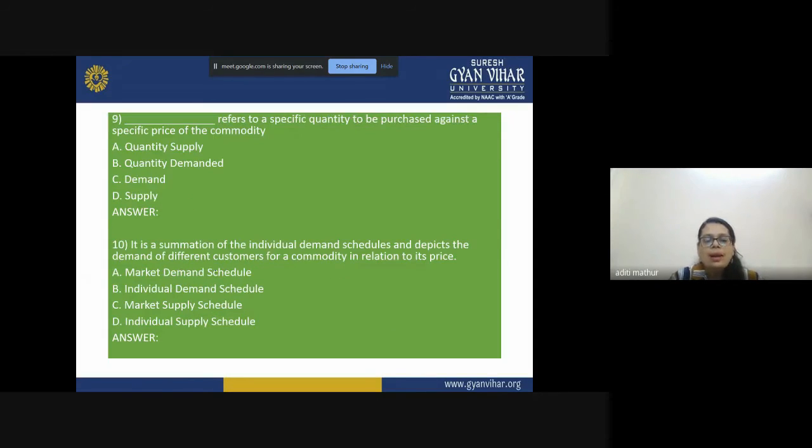In question number 9, you had to identify what refers to a specific quantity to be purchased against a specific price of a commodity. And in question number 10, you had to identify what is a summation of individual demand schedules and depicts the demand of different customers of a commodity in relation to its prices.